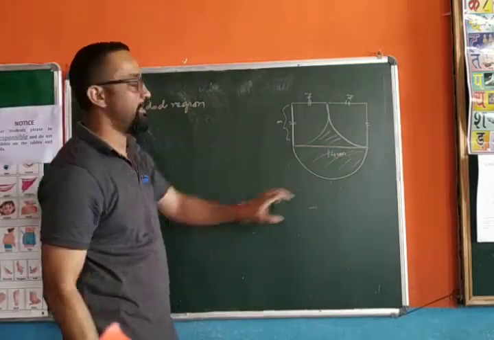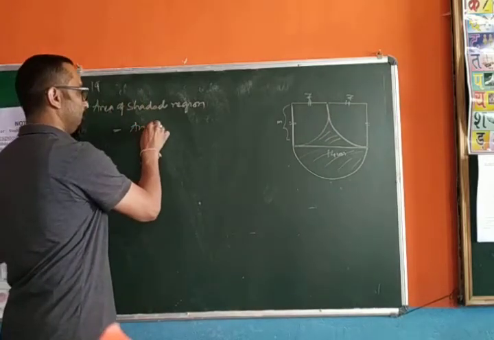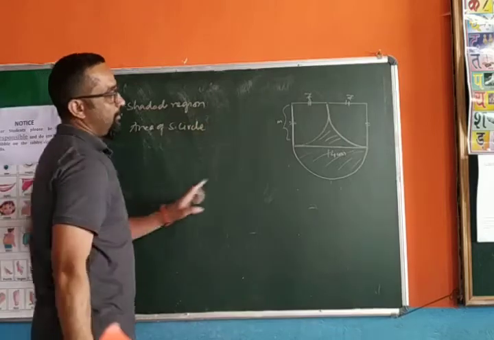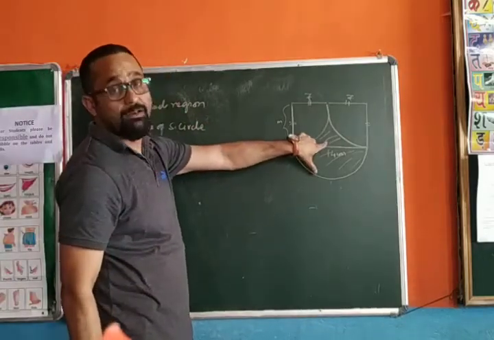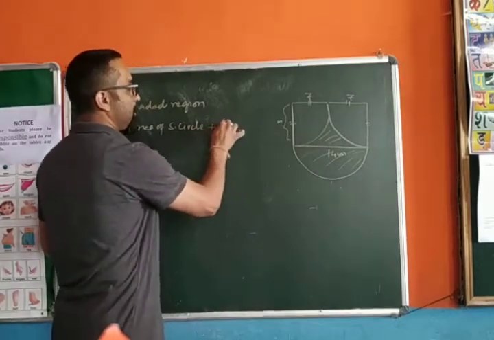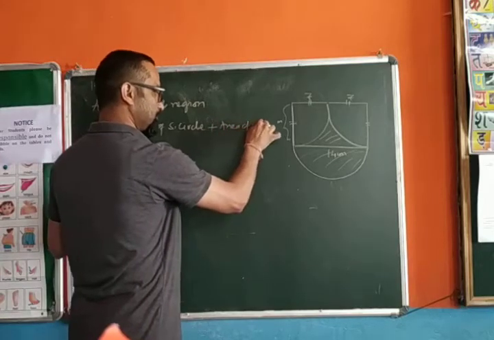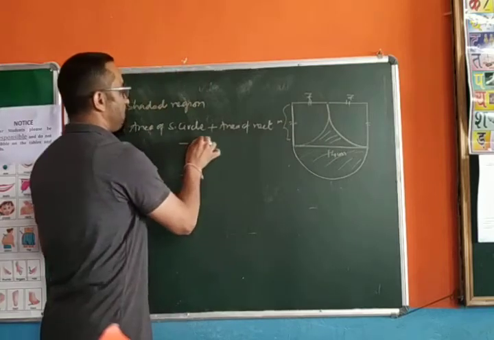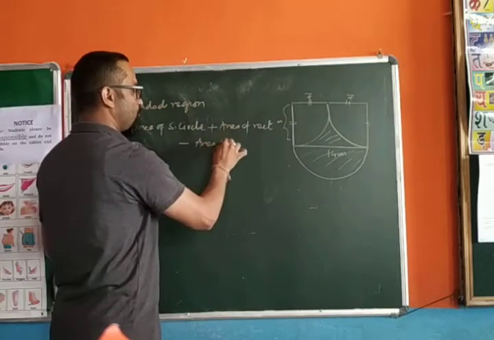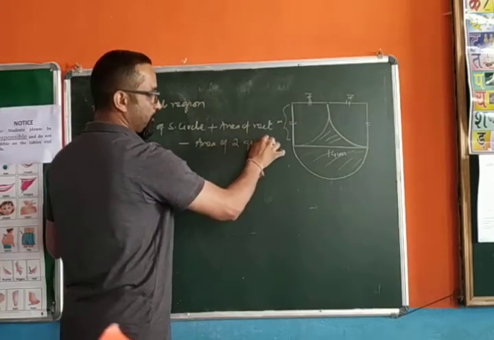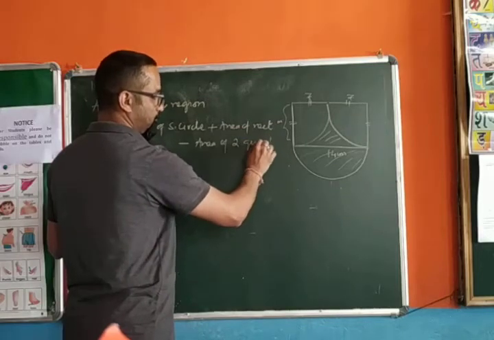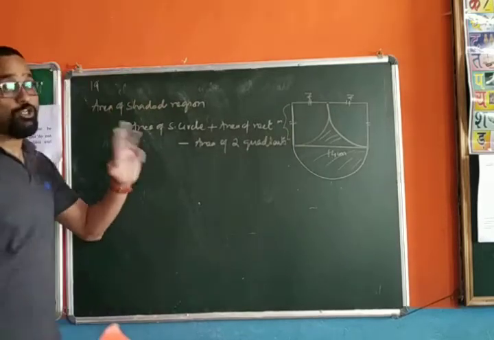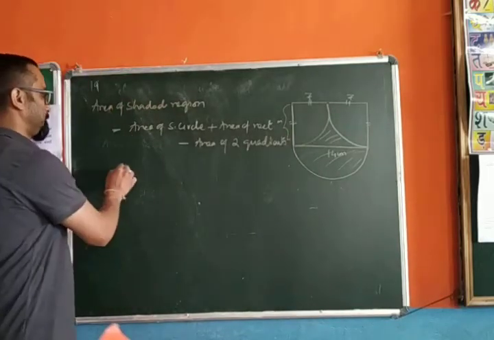Semicircular part is shaded: area of semicircle. Some part of the rectangle is shaded: plus area of rectangle. Which one is unshaded? Quadrant: minus area of 2 quadrants. The portion which is not shaded should be subtracted.